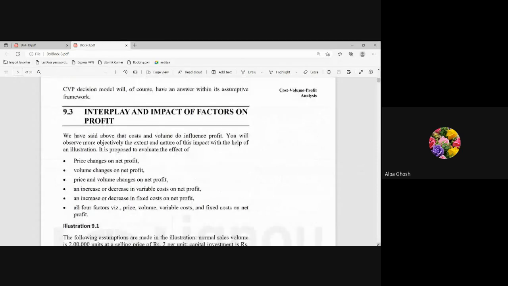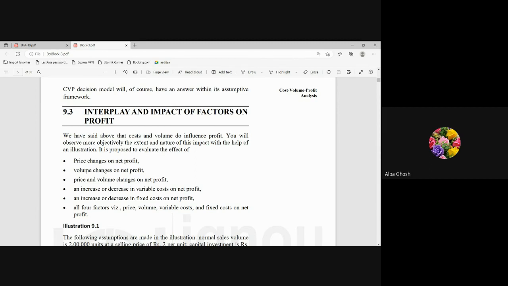Now, next it is the interplay and impact of factors on profit. Cost and volume do influence profit, this we know. So we can observe the extent and nature of this impact with this illustration. How price changes affect net profit.